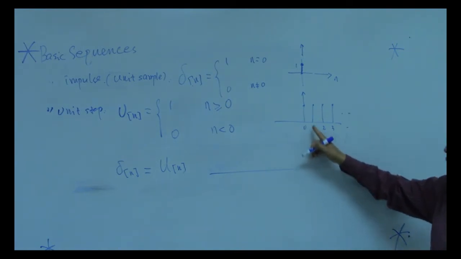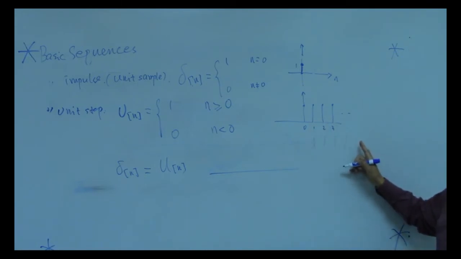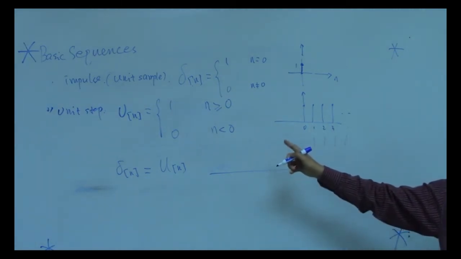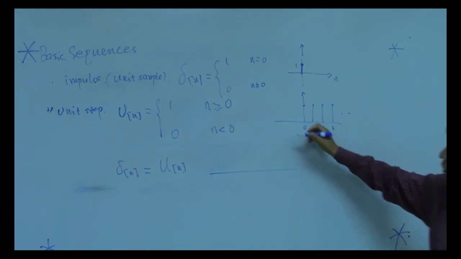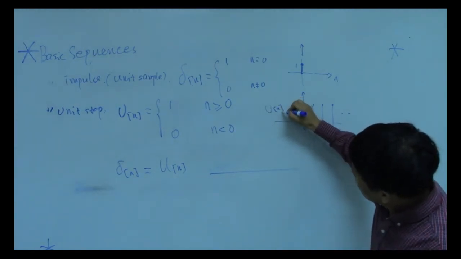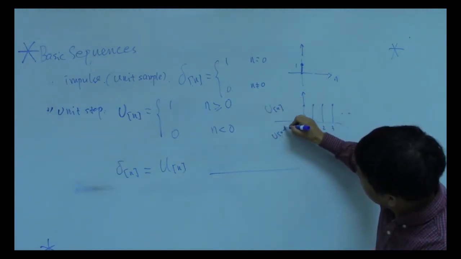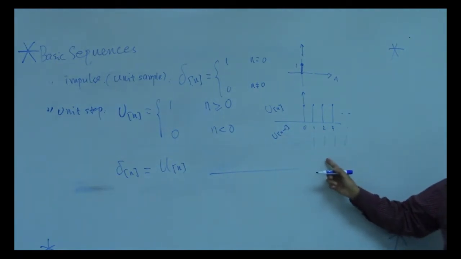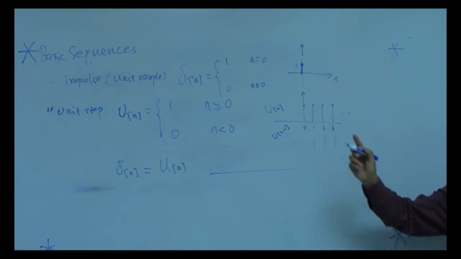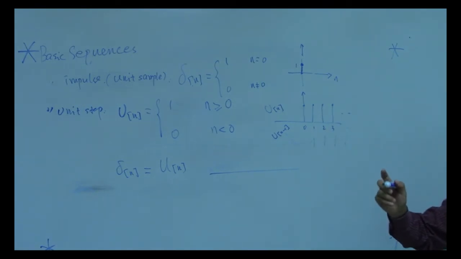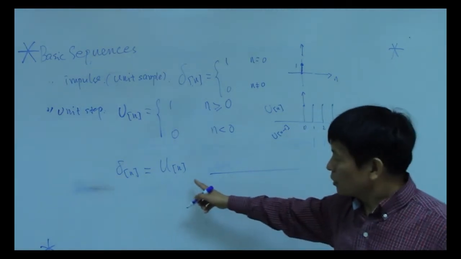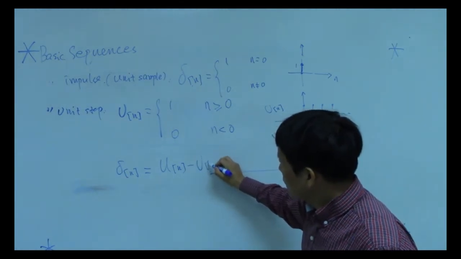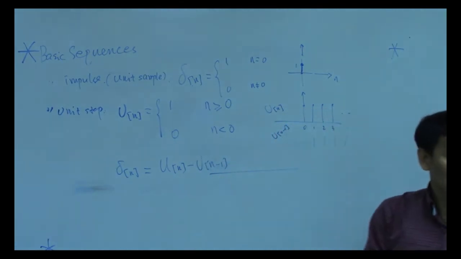This one shifts to here, this one shifts to here. We don't have anything on the left. This is the delayed version of u[n] by only one time. Now can you see the difference? Can you see how to get this from here? δ[n] equals u[n] minus u[n minus 1].